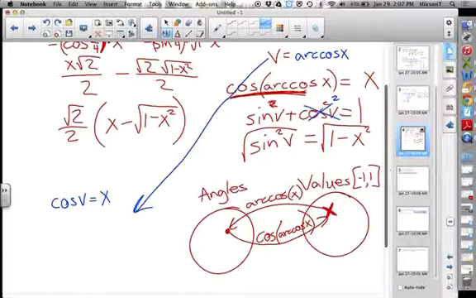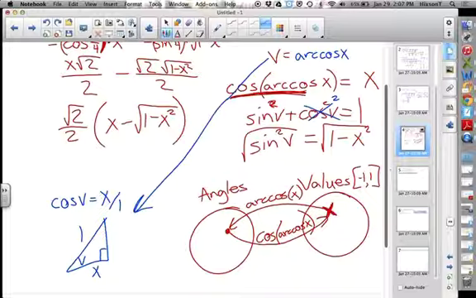Cosine of this angle will equal x. Well, if we set up a little triangle then, where v is here, we could see x as x over 1. So the adjacent would be x, the hypotenuse would be 1. Right?